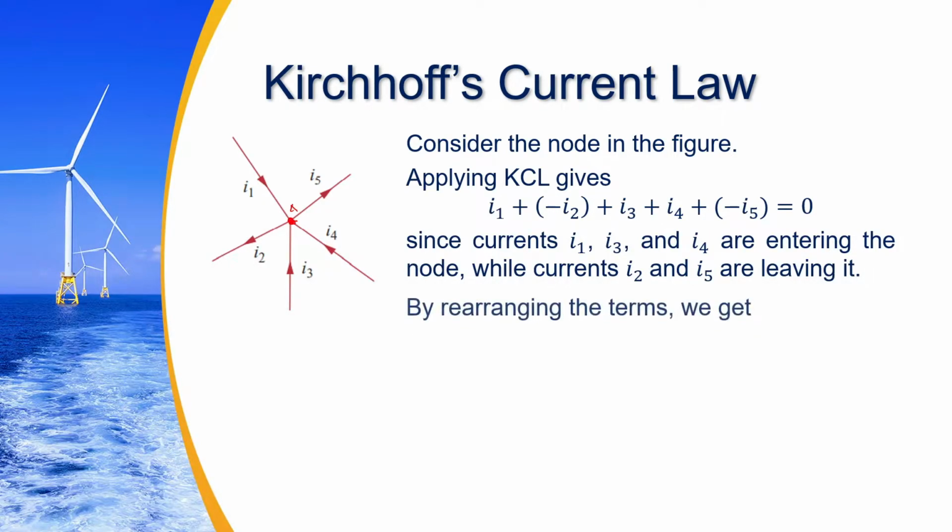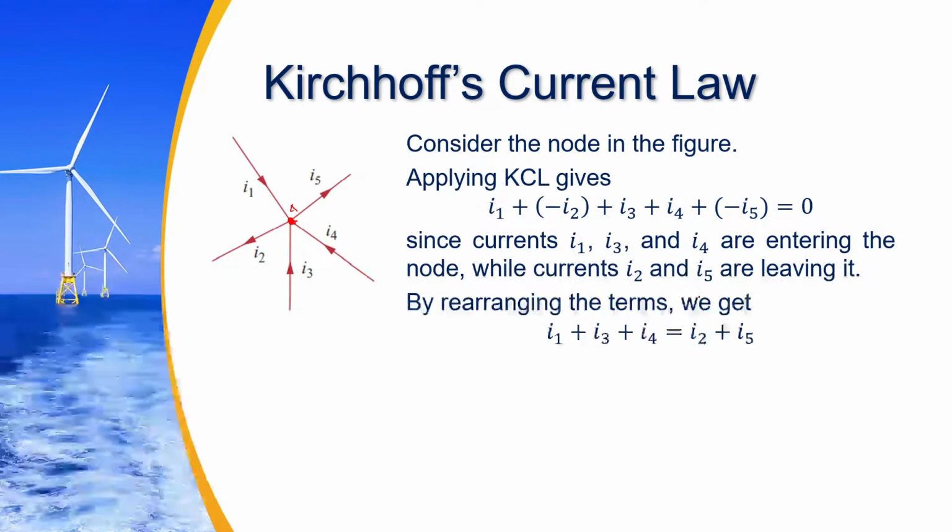By arranging the terms, we get I1 plus I3 plus I4 is equal to I2 plus I5. Itong mga naka-negative na current natin, transfer lang natin sa kabilang side, so from negative, magiging positive.